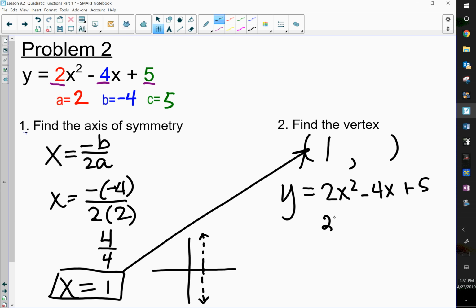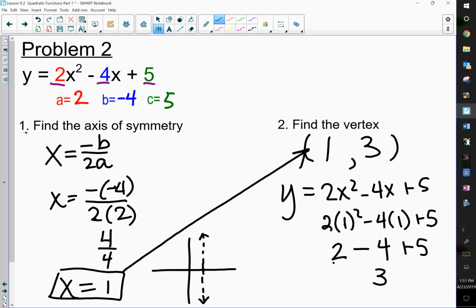So 2 times 1 squared minus 4 times 1 plus 5. 1 squared is 1. 1 times 2 is 2. Minus 4 times 1 is 4, plus 5. 2 minus 4 is negative 2. Negative 2 plus 5 is 3. And that's the vertex.